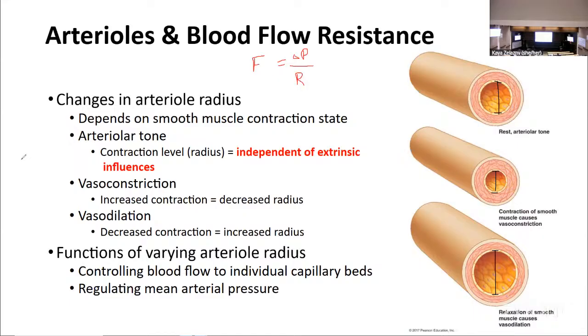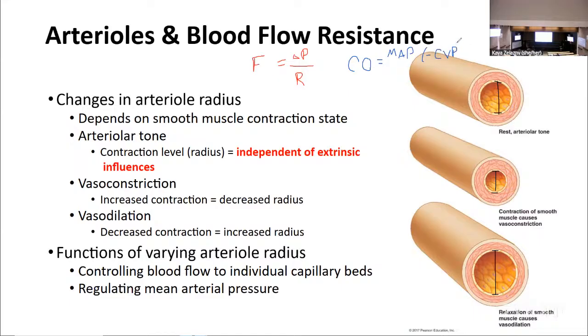And we know that we have things that we can sub in for all of those. So we know our flow is actually our cardiac output. Our difference in pressure is our mean arterial pressure minus our CVP, except now we know that that's only about 2.